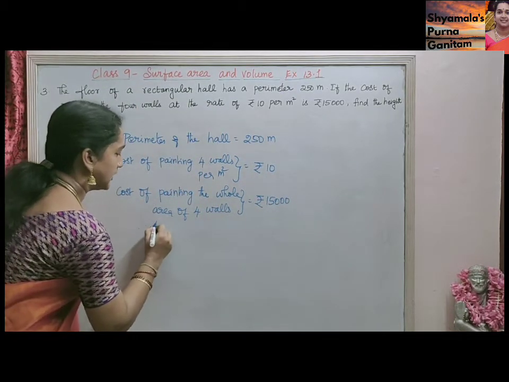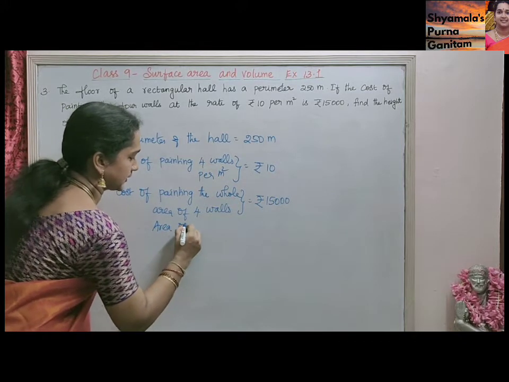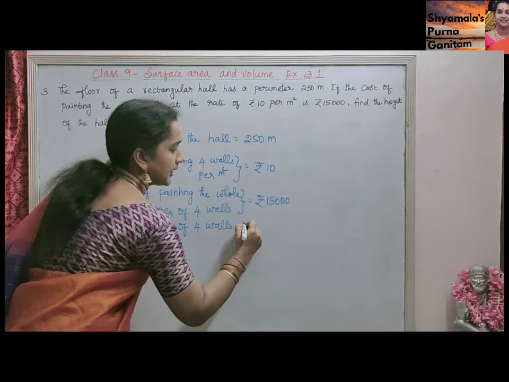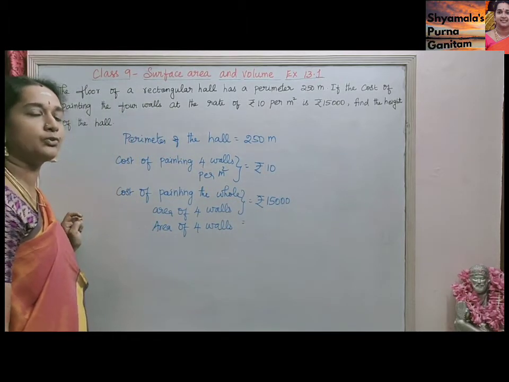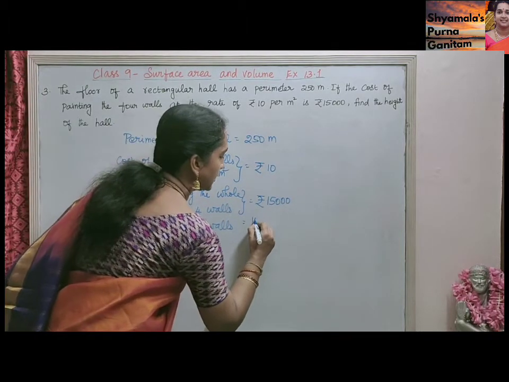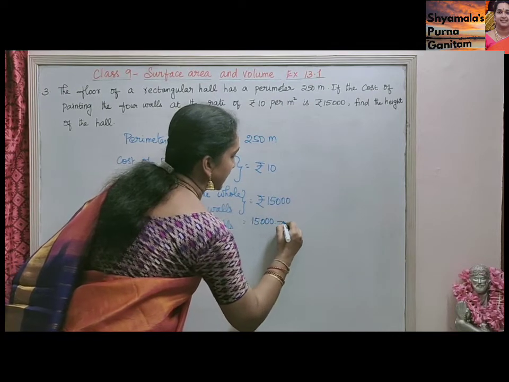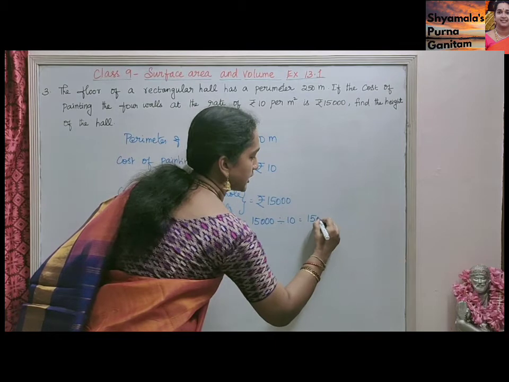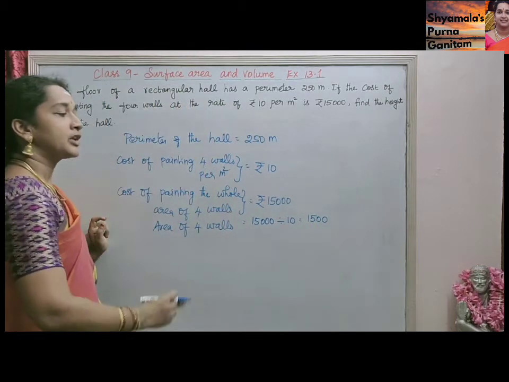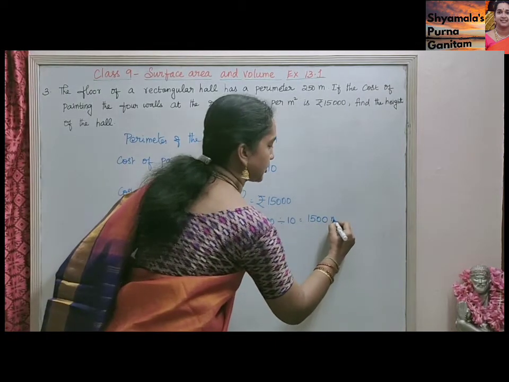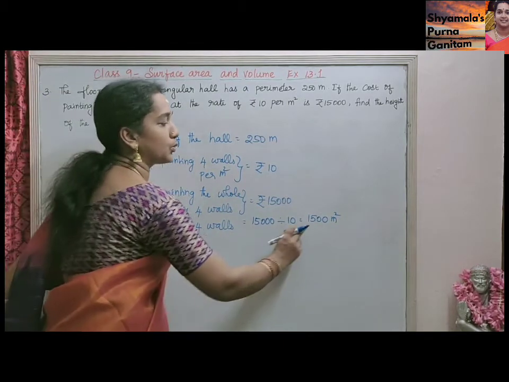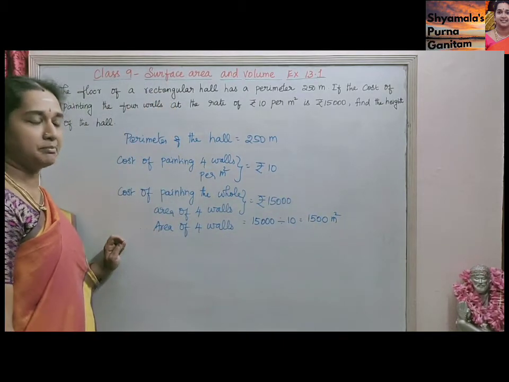Therefore area of 4 walls is equal to 15,000 divided by 10. So what will we get? We will get 1500. So 1500 meter square is the area of 4 walls.